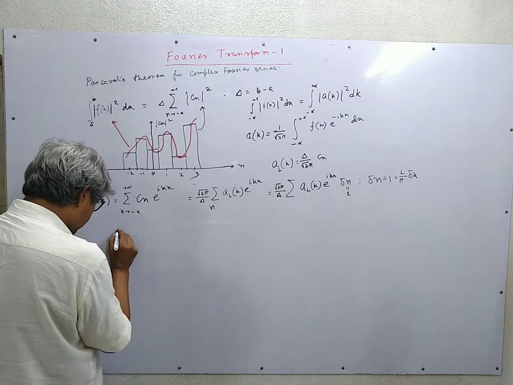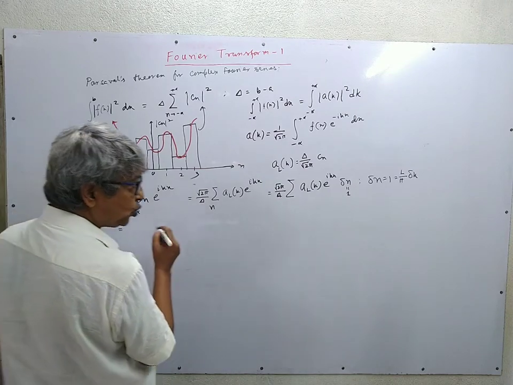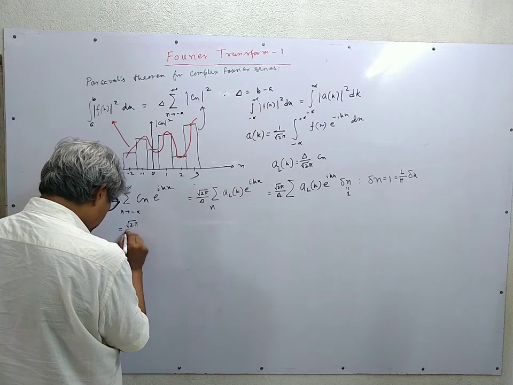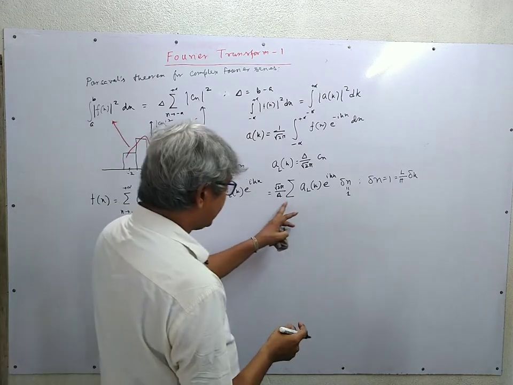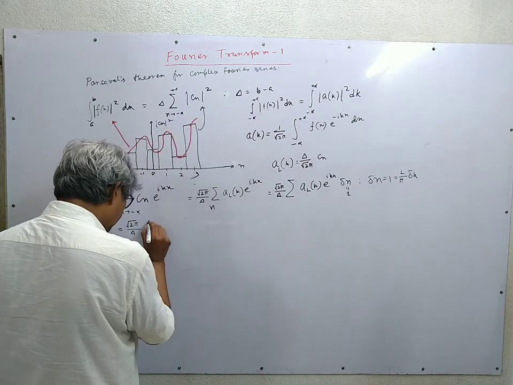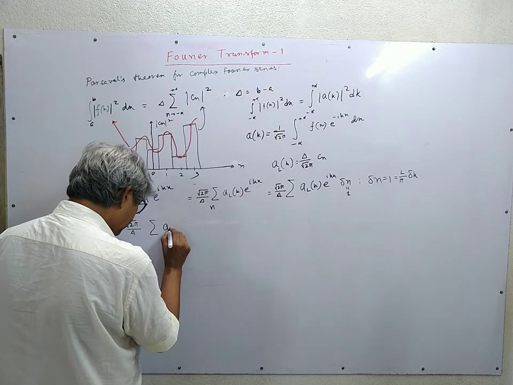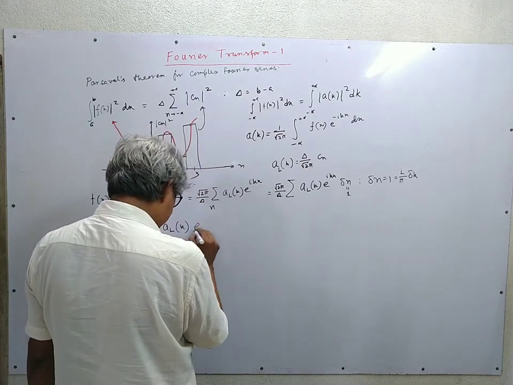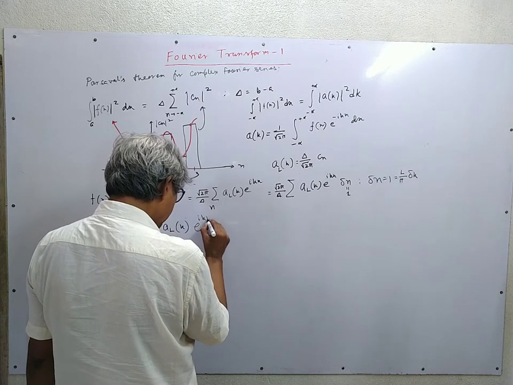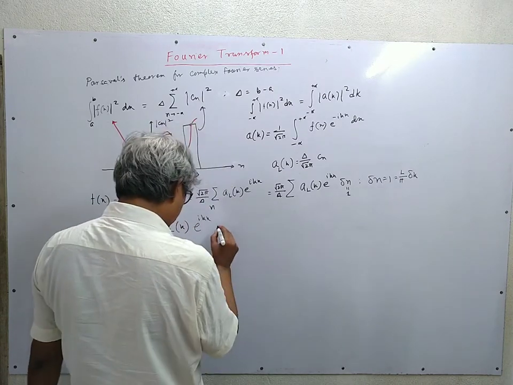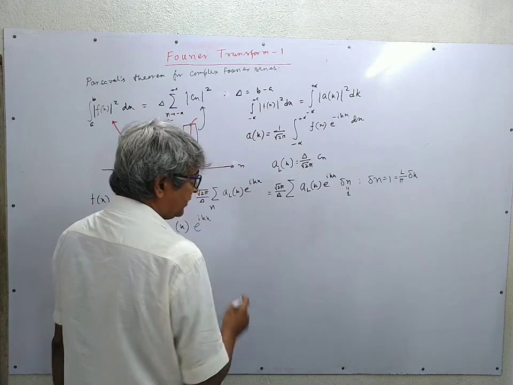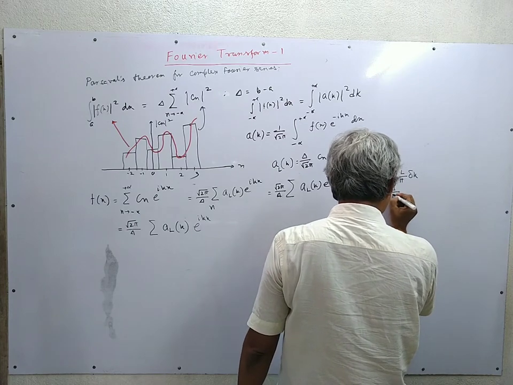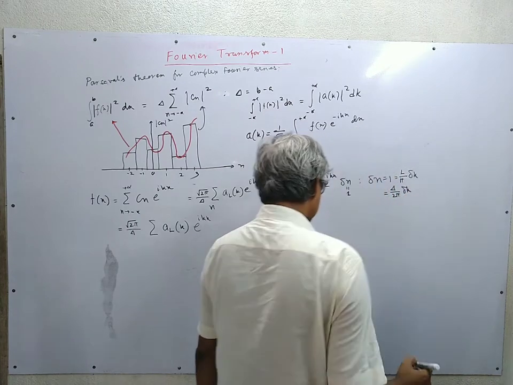So this becomes root 2 pi by delta AL of k e to the power ikx, and now we replace L. So if we write it in terms of delta, it is delta upon 2 pi delta k.